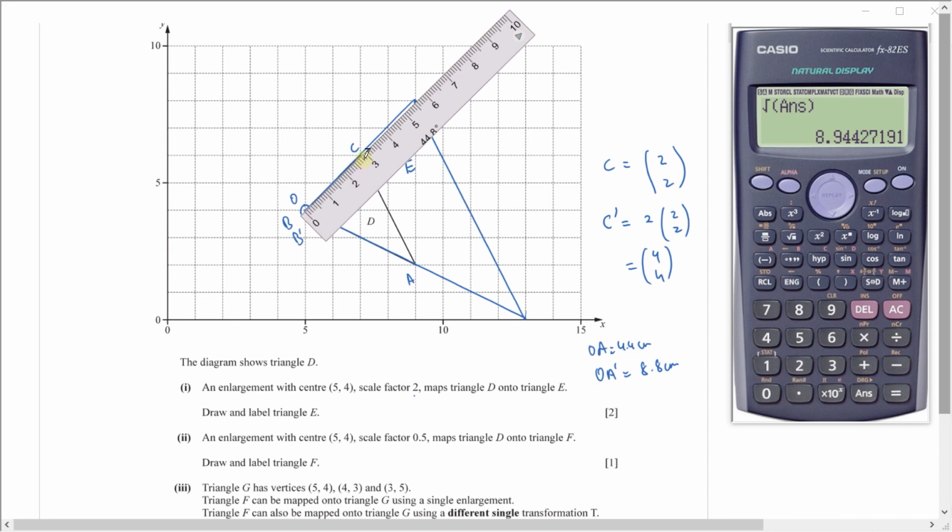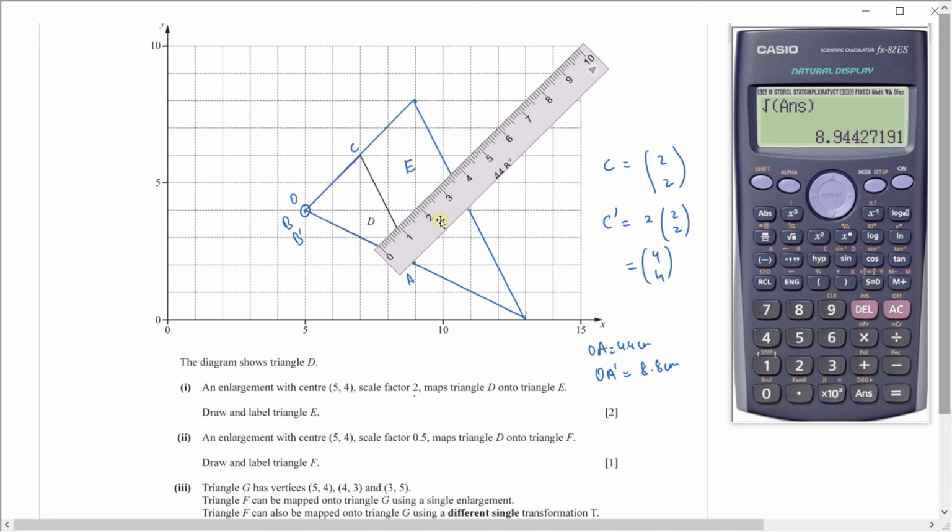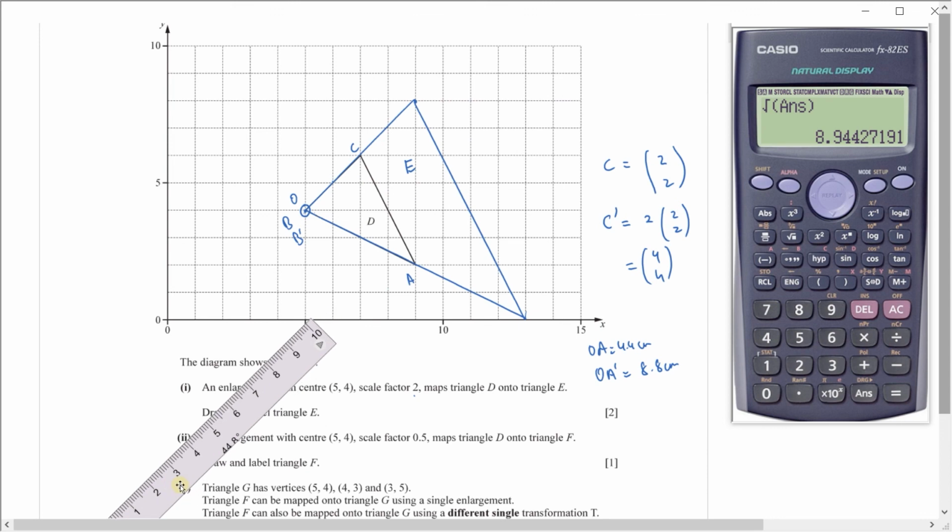OC is about 2.8, so OC dash will be about 1.4, which is this point here. In fact, let me change the color for my next triangle. So your C dash is this point.